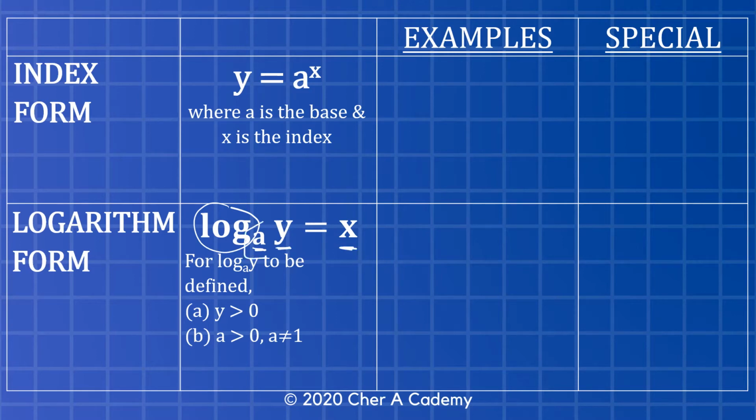The base here is the same rock as in the index form. The kite has now come out to the front. So in summary, our log form will be log to the base of a, y equals x.